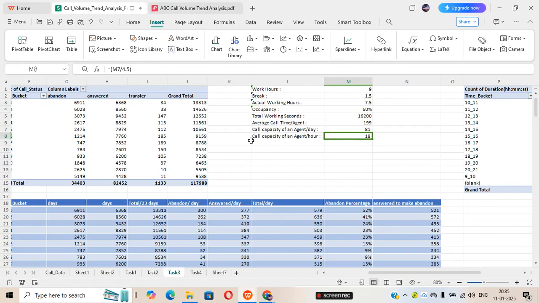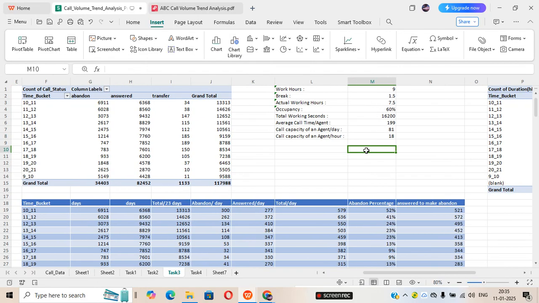After that, call capacity of an agent per hour. We calculate this by dividing call capacity of an agent per day by 4.5. So we got 18. This is the second step.